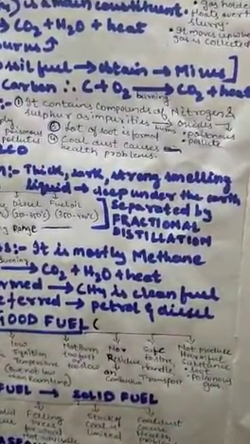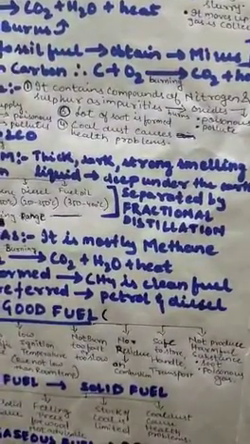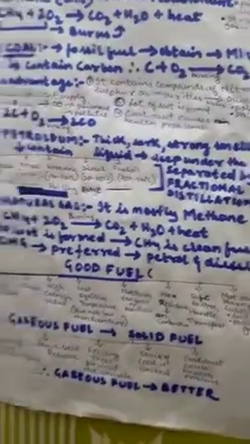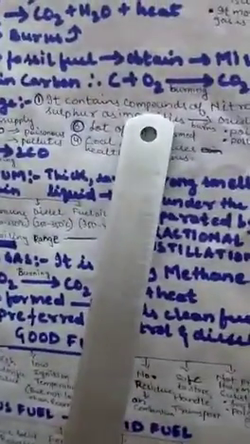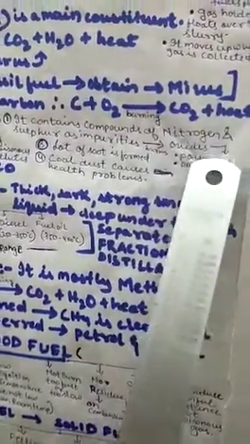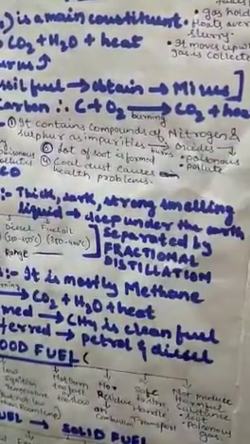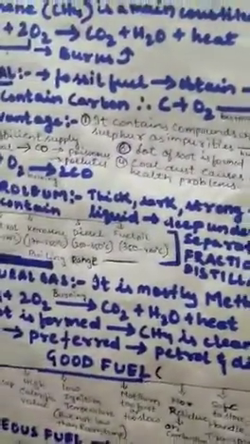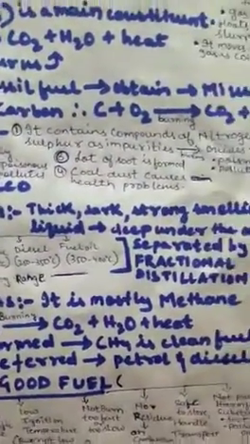So I am repeating it again: the disadvantage of coal is that it contains nitrogen and sulfur as impurities, which burn to produce oxides that are poisonous and also pollute the environment.